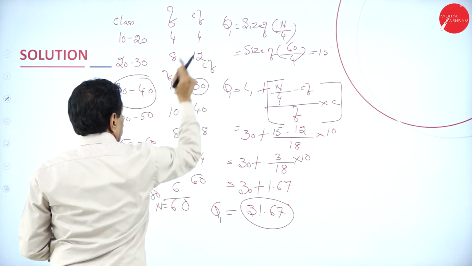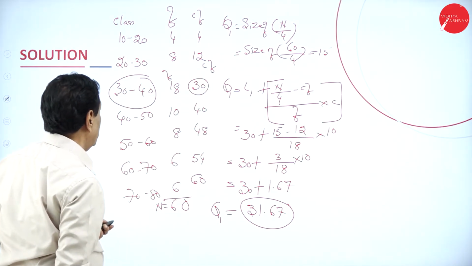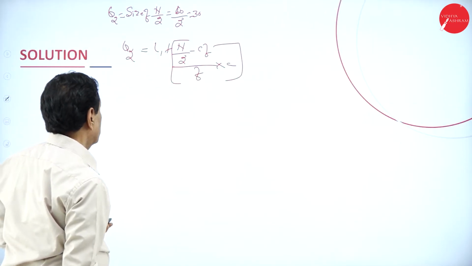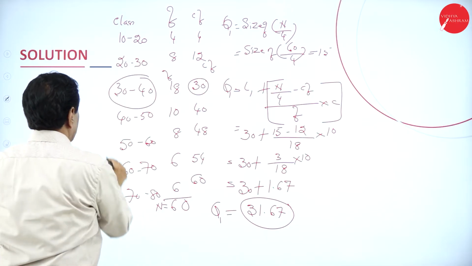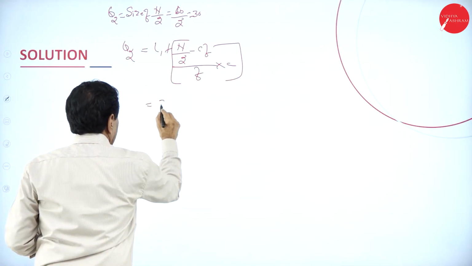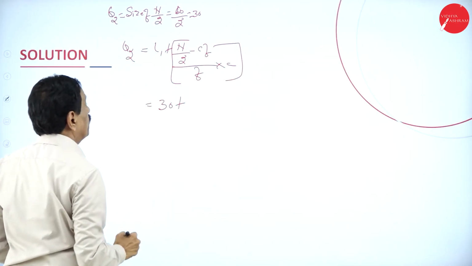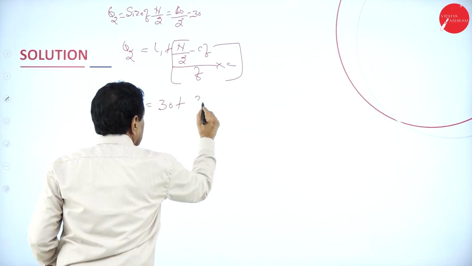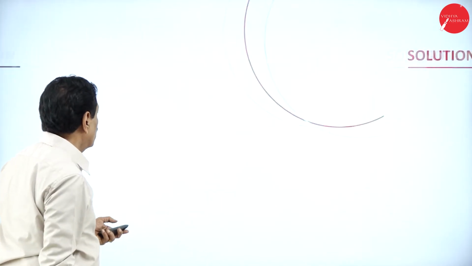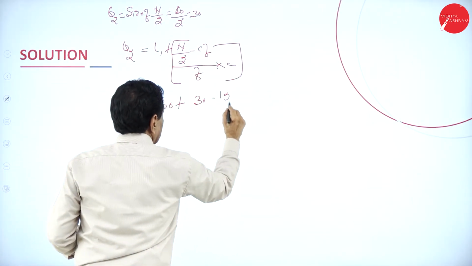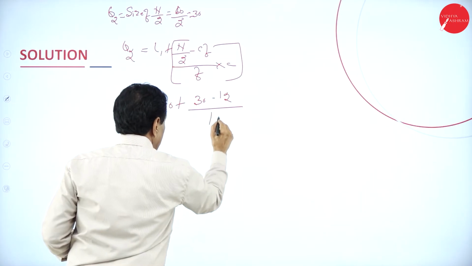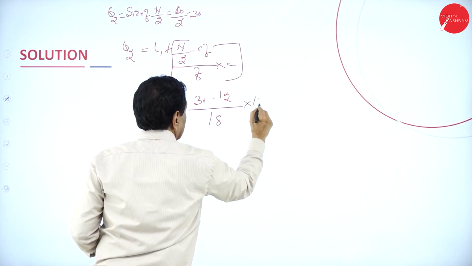Your CF is 12. Constant frequency is 18. Here L1 is 30. What's your N by 2? 30. Minus your CF is 12 divided by 18 into class is 10.